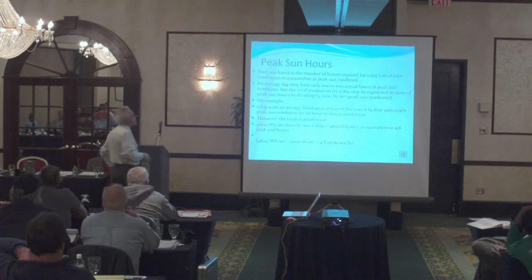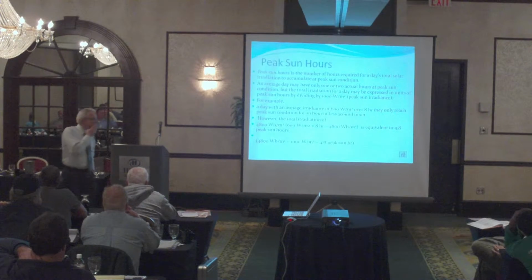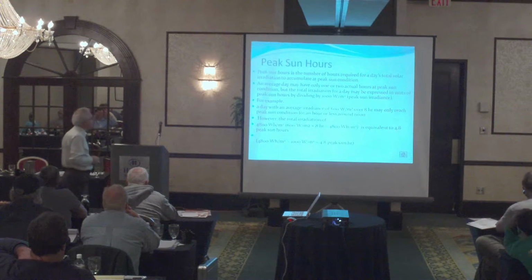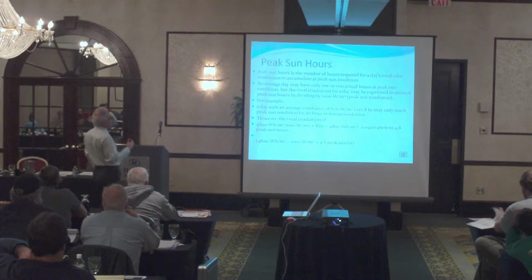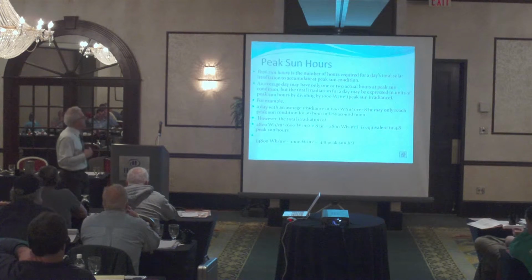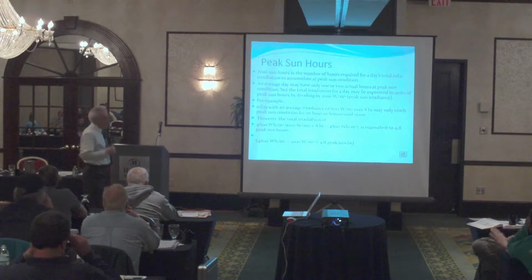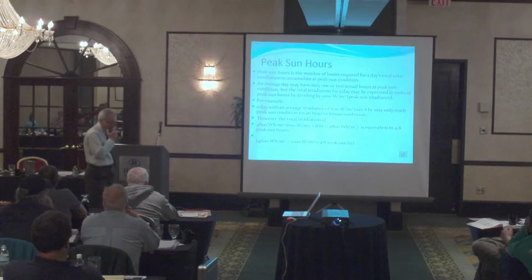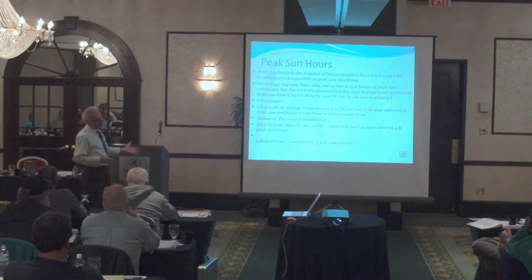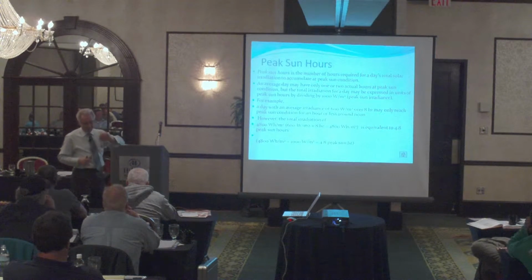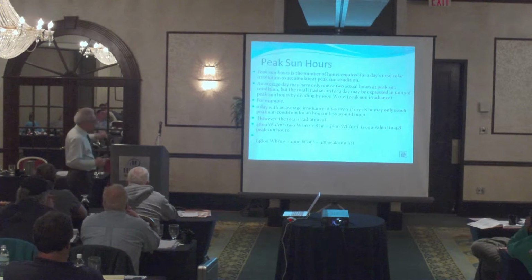Now, sun hours, or peak sun hours, is the number of hours required for a day's total solar irradiation to accumulate at a peak solar condition. What does that mean? We have radiation shining on the Earth.